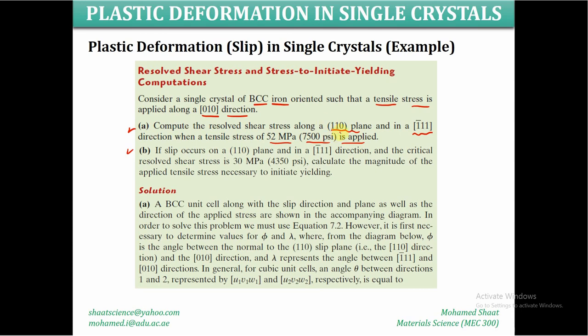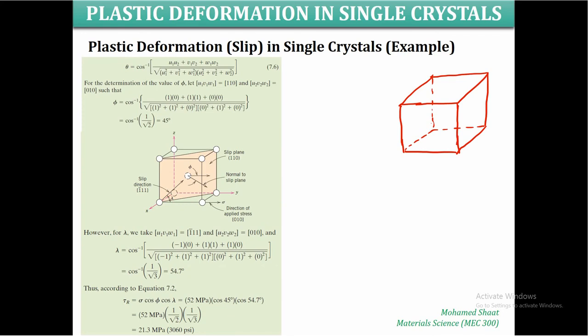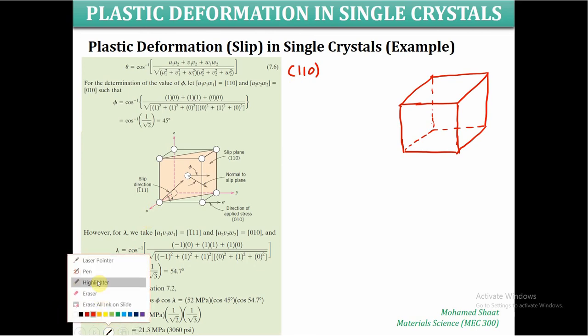The slip plane is the 1, 1, 0 crystallographic plane. If you recall from chapter 3 how we can draw the 1, 1, 0 plane, we have to identify the reciprocals of these numbers.